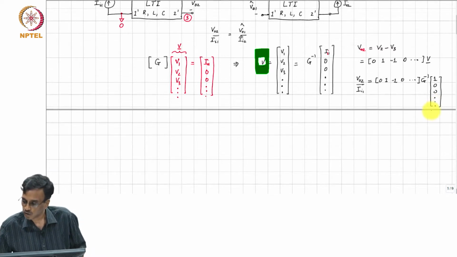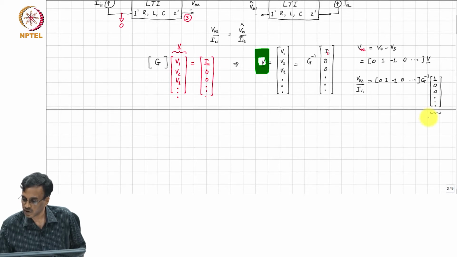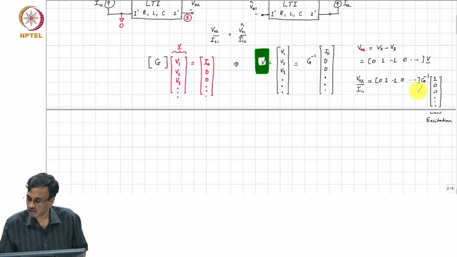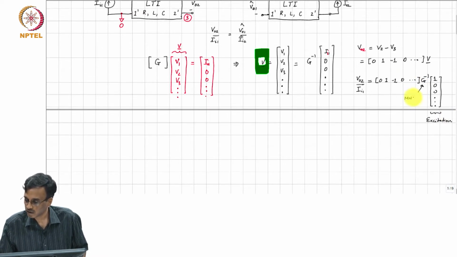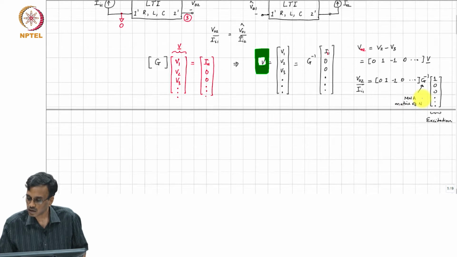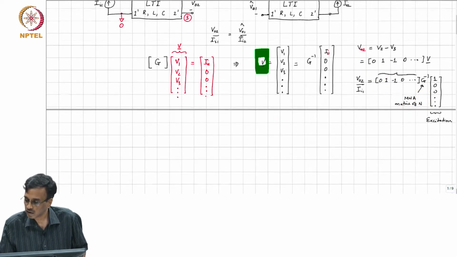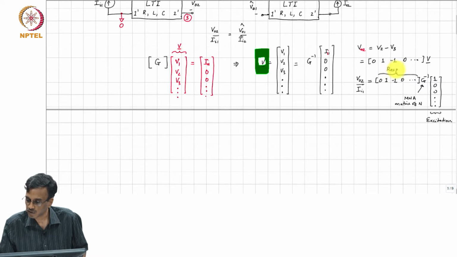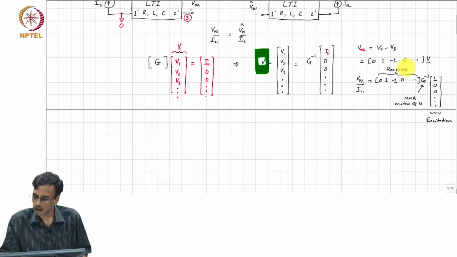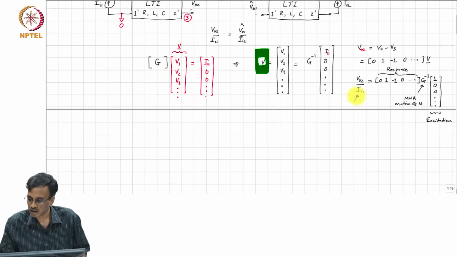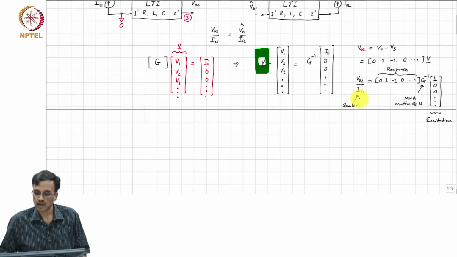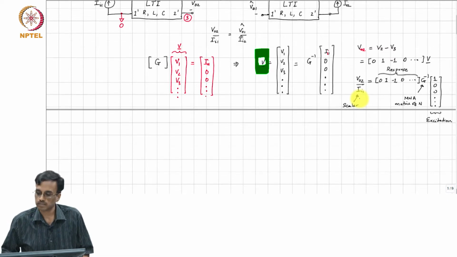All right. So, you can see what is happening. This is the excitation, this is the MNA matrix of N and this is the response. Now, this is a scalar, a number, which simply relates VO2 to I1.